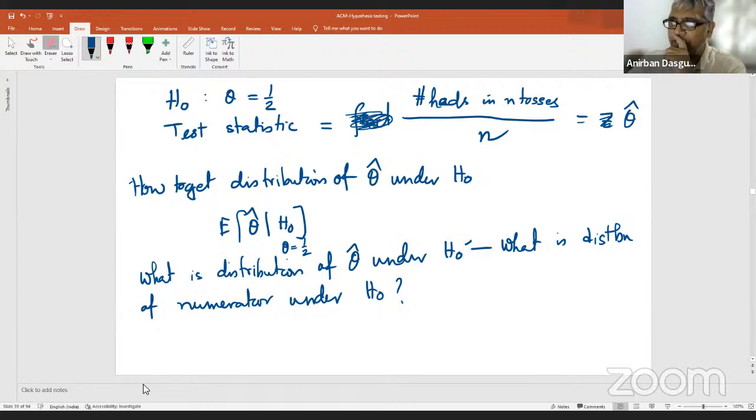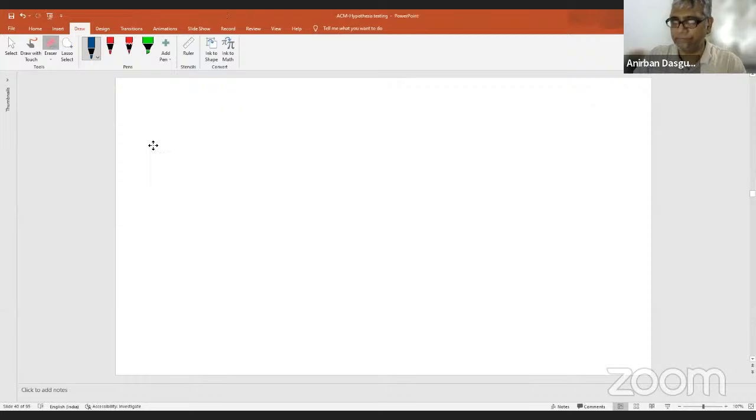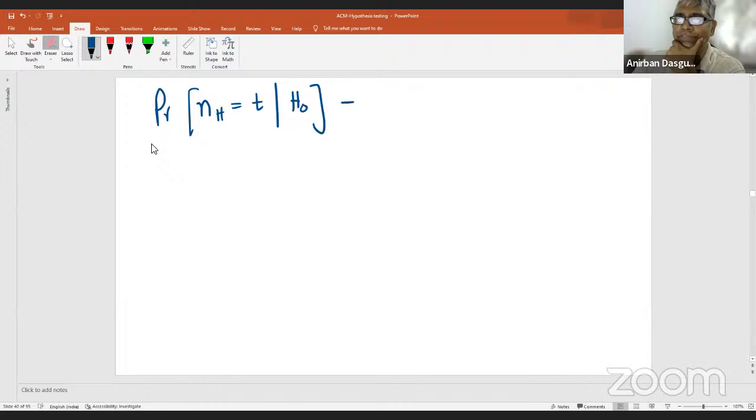Let me call that NH, the number of heads. So I want to say, what is the probability that NH equals t under H0? You know this, all of you know this. What is the random variable NH?